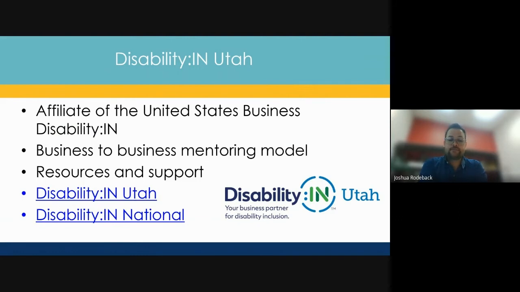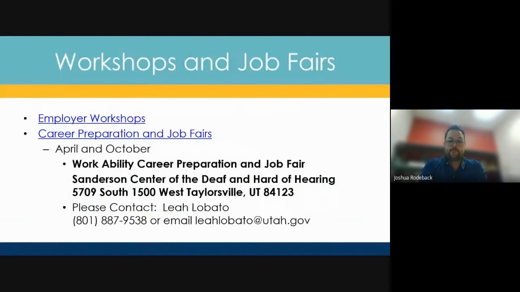Next slide. We here at the Office of Rehabilitation have our activities. We have an employer workshop that's held twice a year, in the spring in March and in the fall in September. That's where we train and partner with a lot of Utah businesses statewide, and we train specifically on how to hire and retain individuals with disabilities.